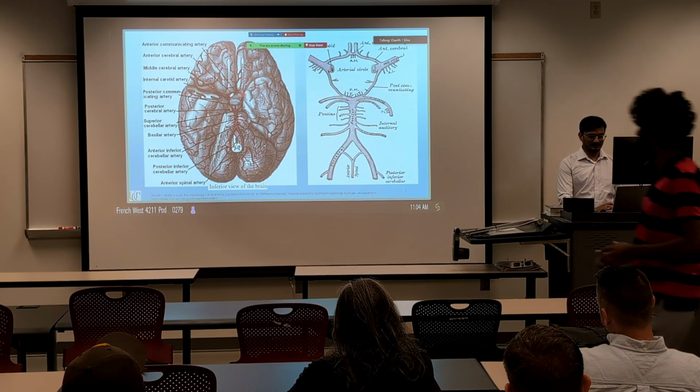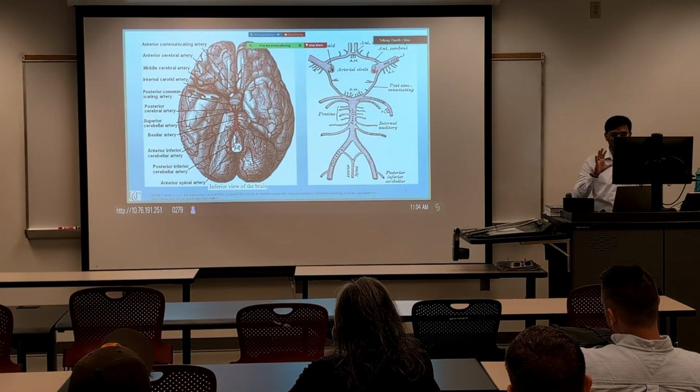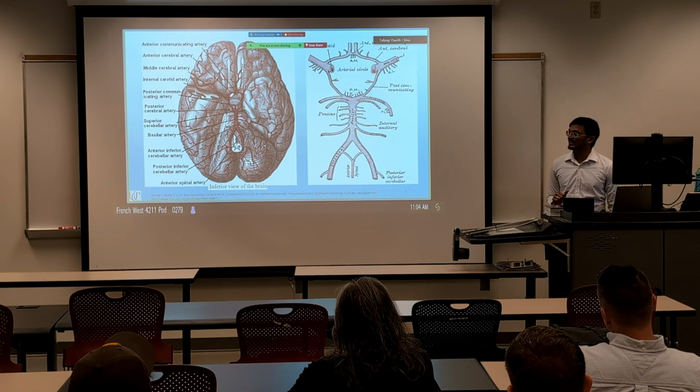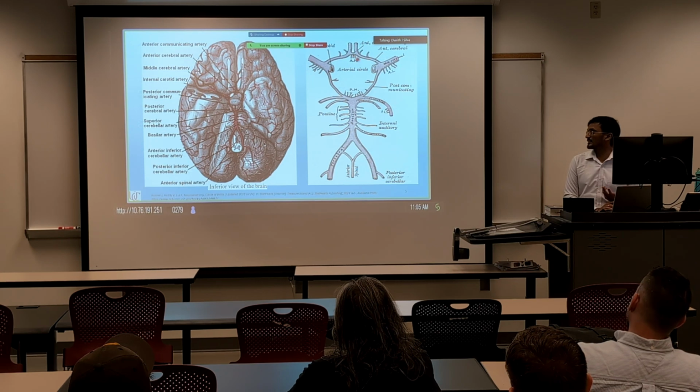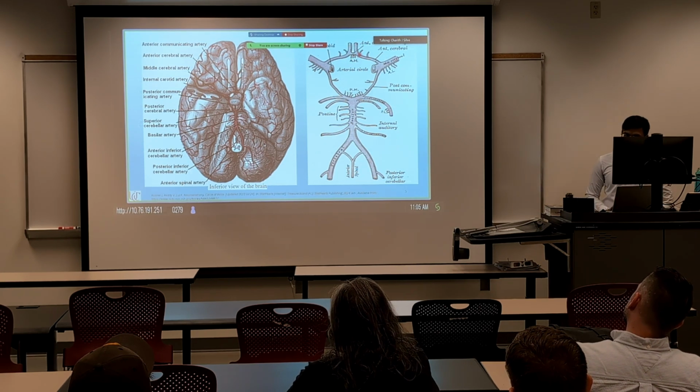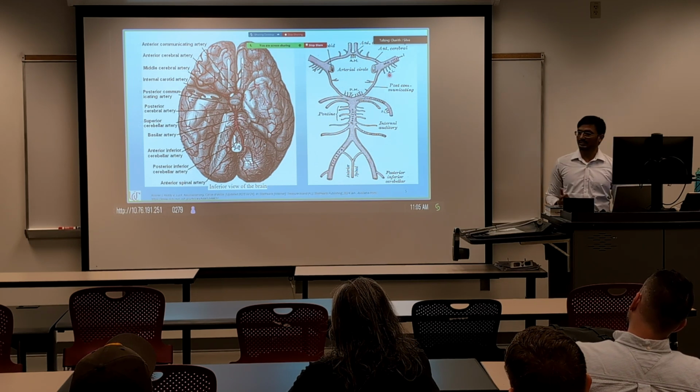And the image on the right-hand side is a zoomed-in image of the circle of Willis and the associated arteries. Let's focus on this kind of region that has a junction in it. We call this a bifurcation, and you can see similar structures appearing in different places in the circle of Willis.